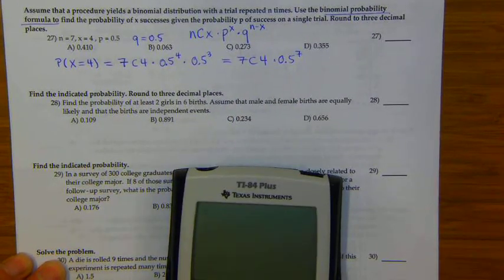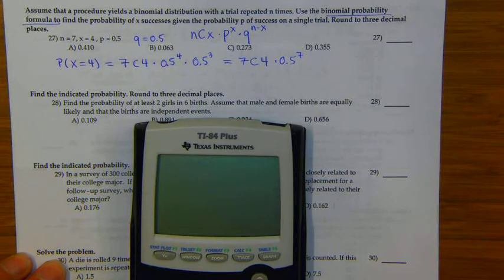And in order to find the answer on the calculator, we have to first input our 7. Then we have to go to math, arrow over to probability, go down to nCr. This is the combination for 7 objects when we draw 4.